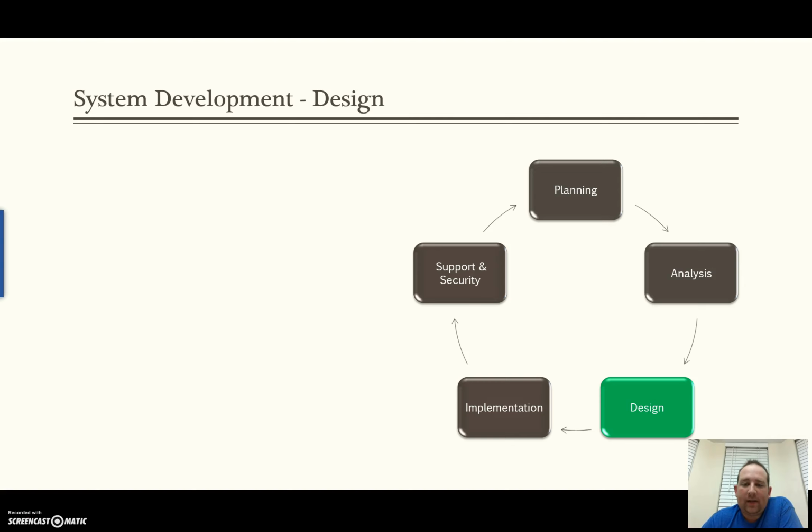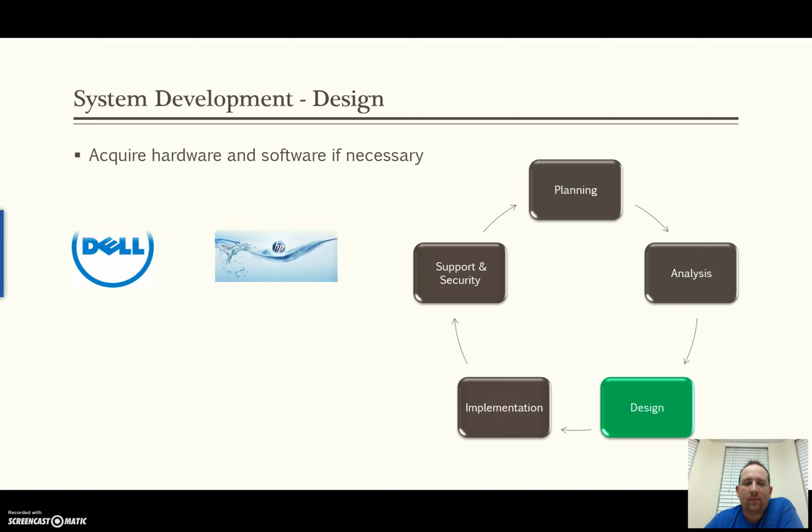So the next phase is the design phase. This is where you would acquire the hardware and the software if it's necessary. It may be that you're developing a lot of the software yourself, and that there may not be a lot of software needed, but you may have hardware that's needed, or vice versa.